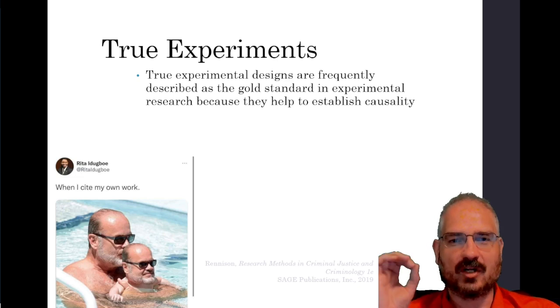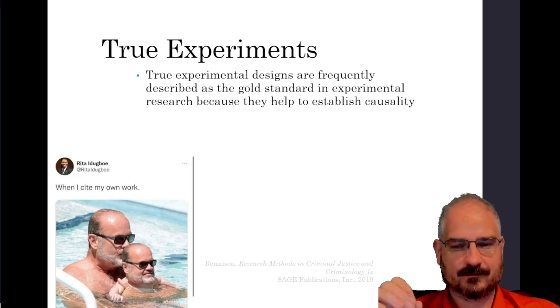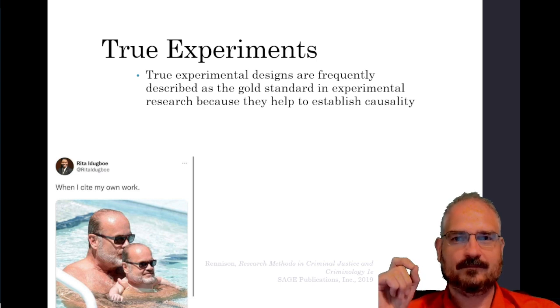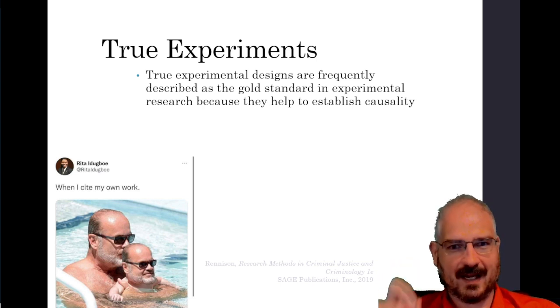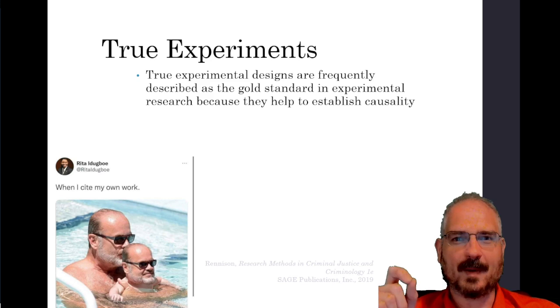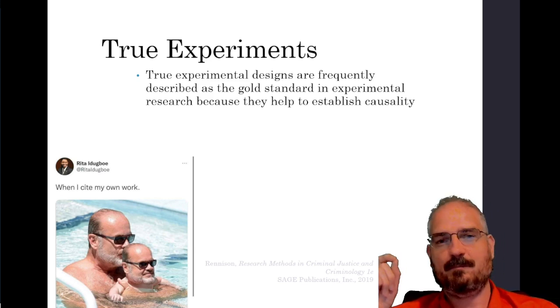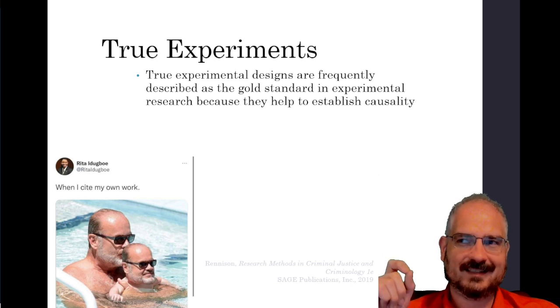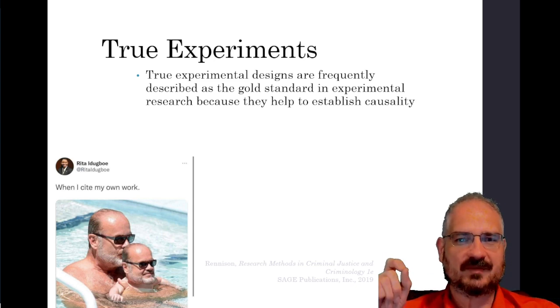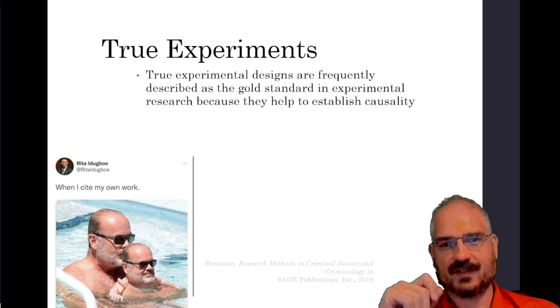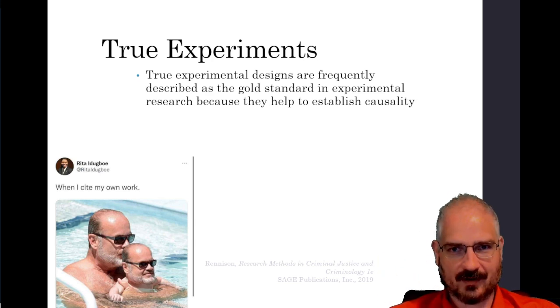Now, these are kind of the gold standard in science. These are the cream of the crop. If we can do a true experiment for everything, research would be a heck of a lot better. The problem is it's not always possible. And even if it's possible, it's not always easy, especially with costs and time and all those other things.